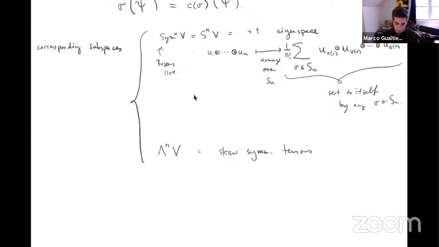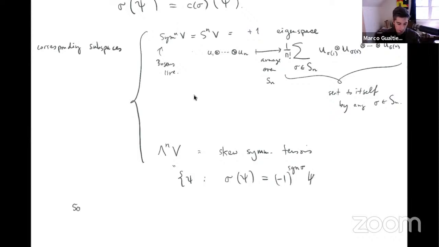And these are the ones which satisfy that if we permute it, we get a sign which is -1 to the sign of the permutation.